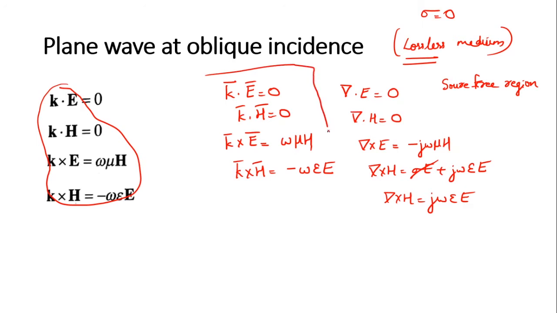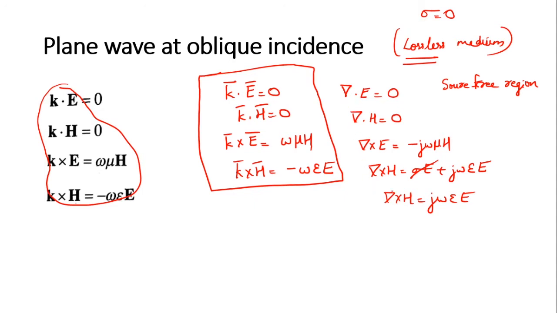So these equations are valid when we consider a plane wave at oblique incidence. This is not actually the derivation, and we are not going through the entire derivation from Maxwell's equations. This is a shortcut of how to write the equations connecting the propagation vector and the electric and magnetic fields. Vector K dot E is 0, vector K dot H is 0, K cross E is omega mu H, and K cross H is minus omega epsilon E. How did we write that?